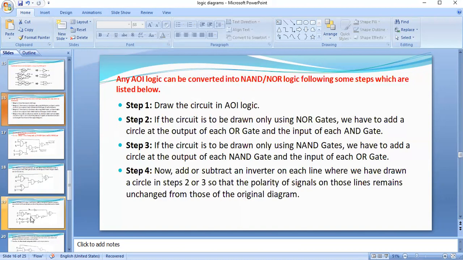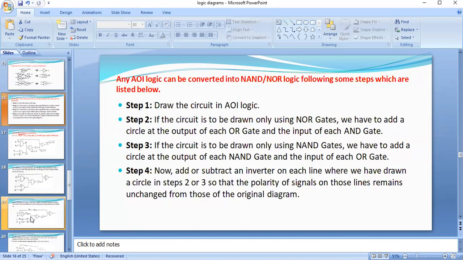For example, if you want to implement the circuit using only NOR gates, what do we have to do? We have to add a circle at the output of each OR gate and the input to each AND gate. If you want to implement a logic function using only NAND gates, what do we have to do? We have to add a circle at the output of each AND gate and the input of each OR gate.